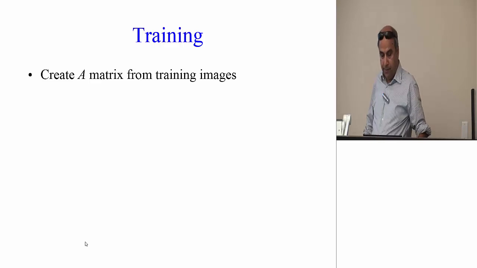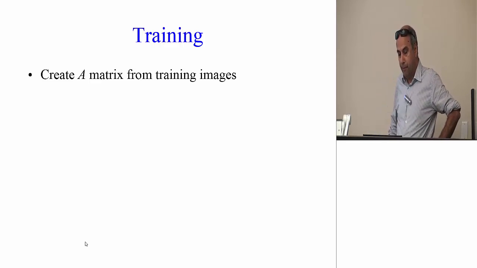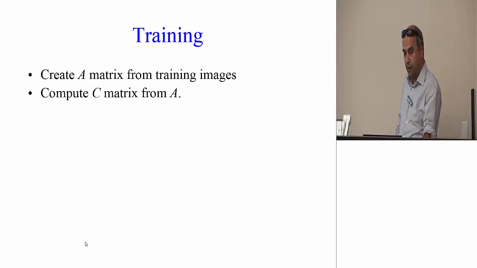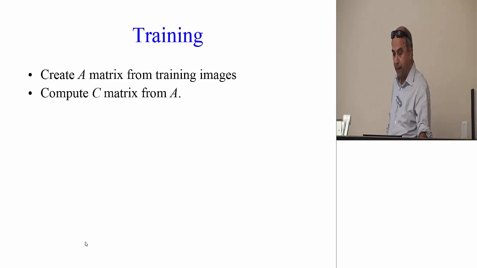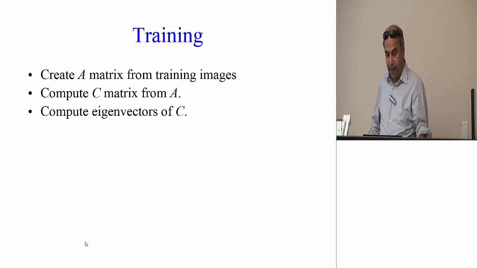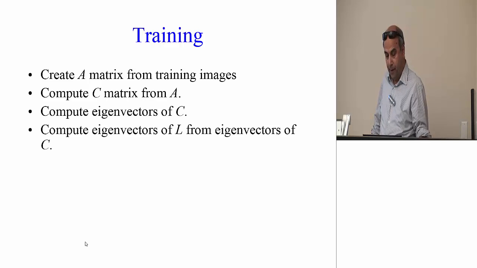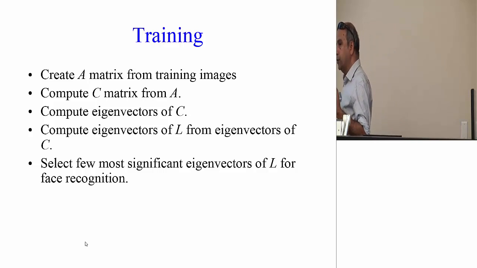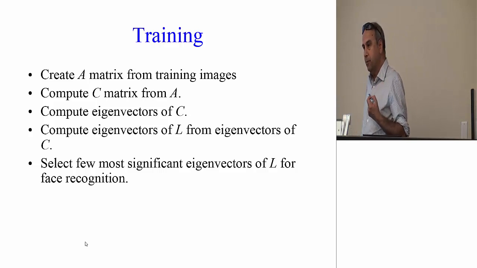So now the process will be that we will compute a matrix A from the training images. Let's say we have 10 views of each person and 100 people, so it's 1,000 images. So we'll have these 1,000 columns in the A matrix, and from that we'll compute C, then eigenvectors of C, and then from those eigenvectors of C we'll compute eigenvectors of L. The main point here is that we want to use as few eigenvectors as possible.